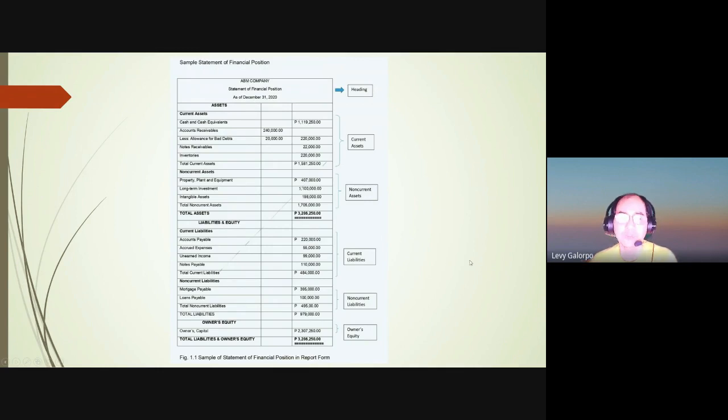Obviously, hindi siya corporation. Kasi kung corporation yan, dapat dito sa equity section, meron kayong mababasang common stock, preferred stock, dividend, retained earnings.